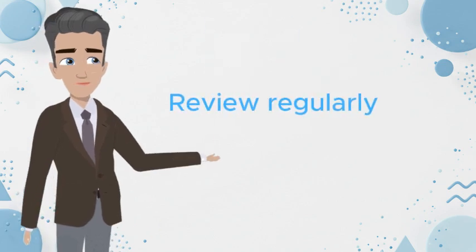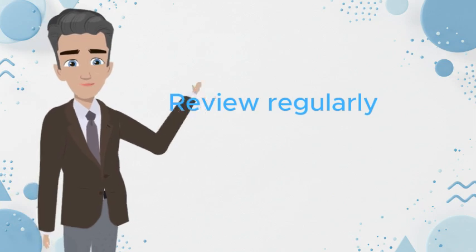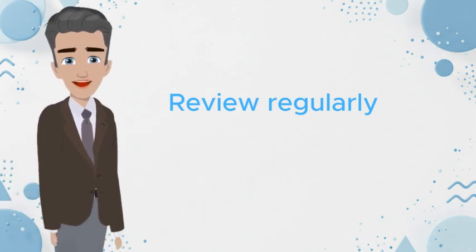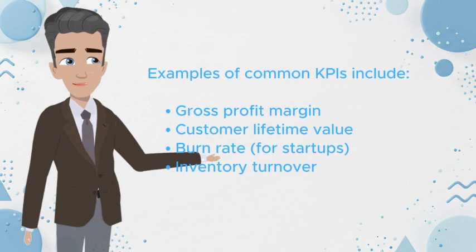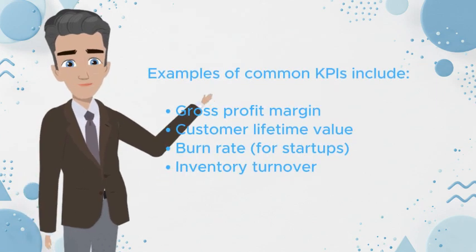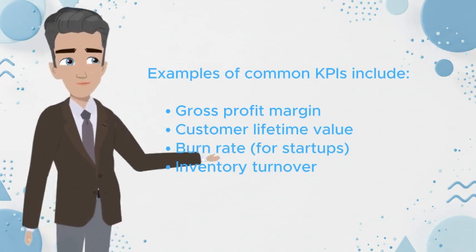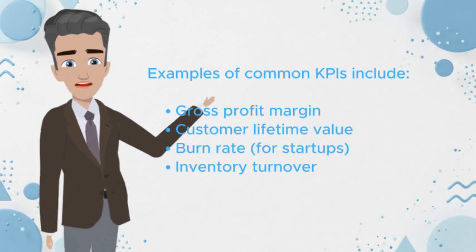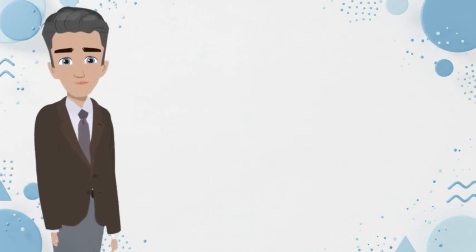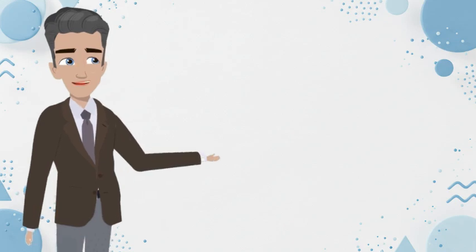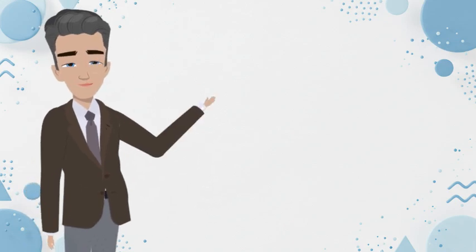Review regularly. Set aside time each month to analyze your KPIs and adjust as needed. Examples of common KPIs include gross profit margin, customer lifetime value, burn rate for startups, inventory turnover. By tracking the right KPIs, you'll have a clear roadmap for success.